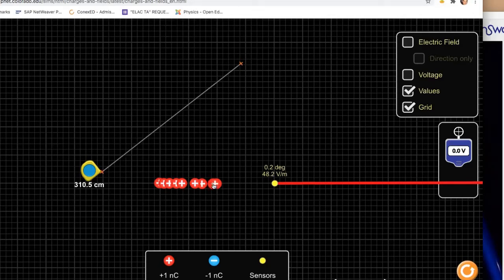That means it's even more packed towards the end. And then more packed on the left side, something like that.